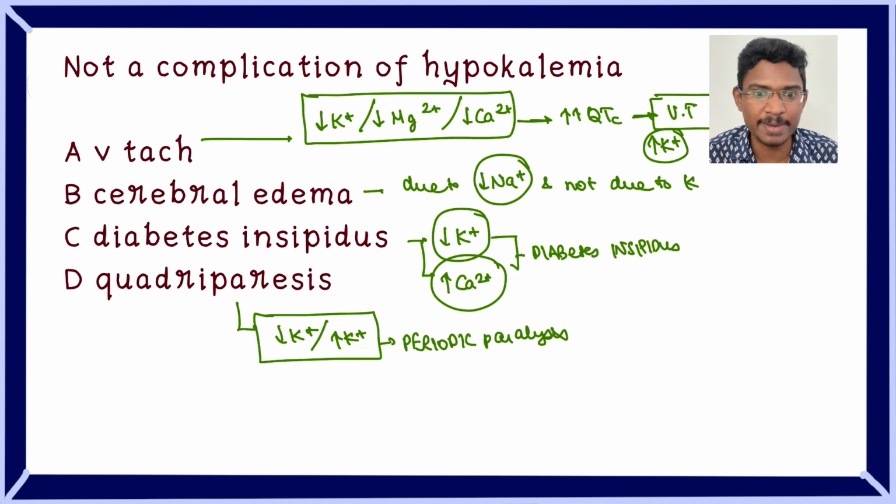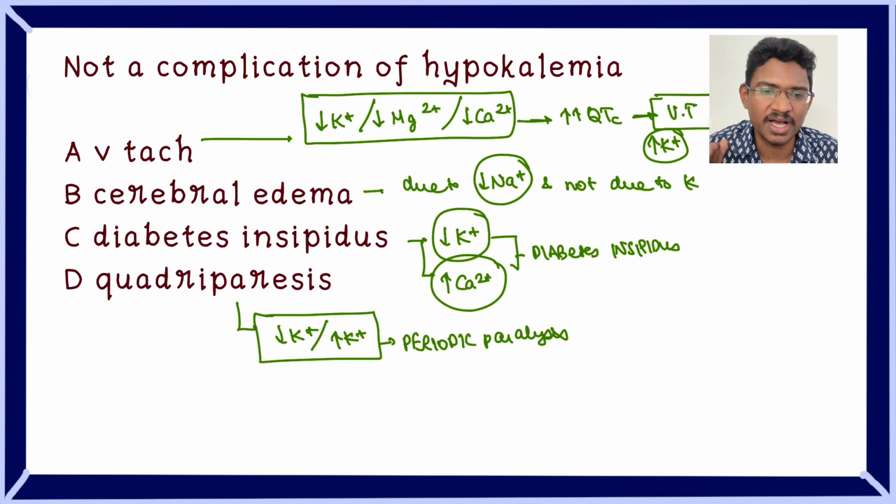Cerebral edema is due to hyponatremia because of effective osmoles. Sodium is an effective osmole. It drags water and keeps it along with it in the circulation. But in hyponatremia, there is less sodium, so it can't drag water and keep it in the circulation. Water tries entering the cells, causing swelling of the cells.